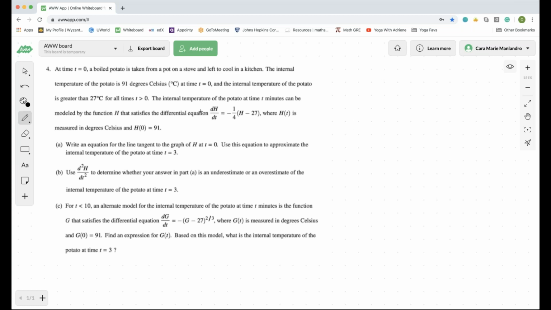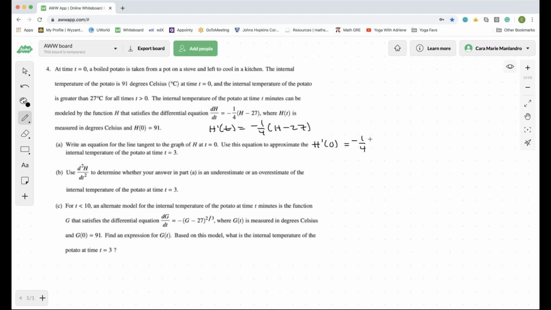Okay, so we are given, everybody agree that this is h prime? So h prime of t is -1/4 (h minus 27). So we can use this to find h prime of 0. All right, now we have to be careful. Do not plug in 0 for h. All right, h is your initial value, okay?